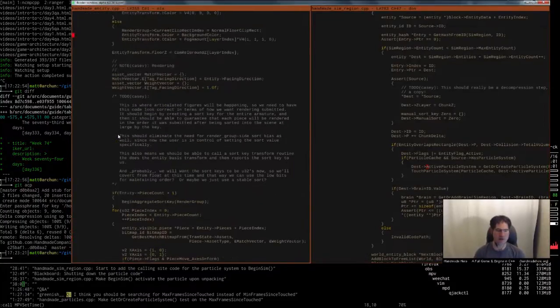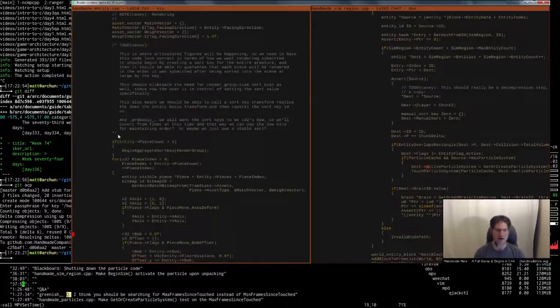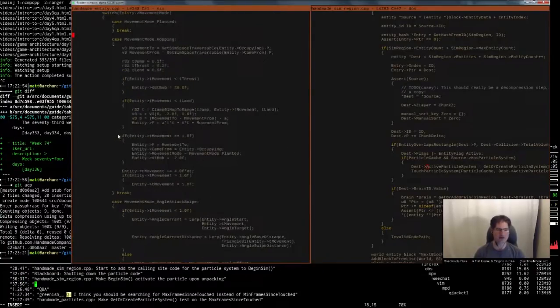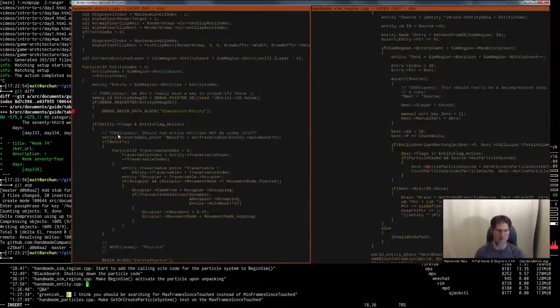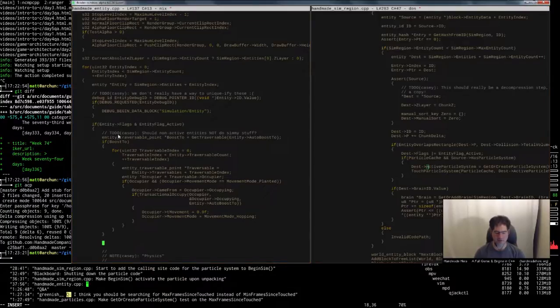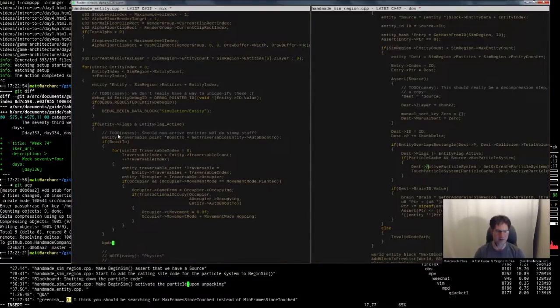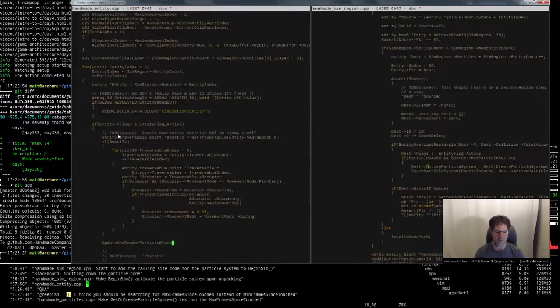And so then when we come around and it's time to simulate our entities, what we can do is during the sim, right? So when we're in here, we can simulate the particle system. So we can do like an advance particle system, or, you know, update and render particle system, something like this.